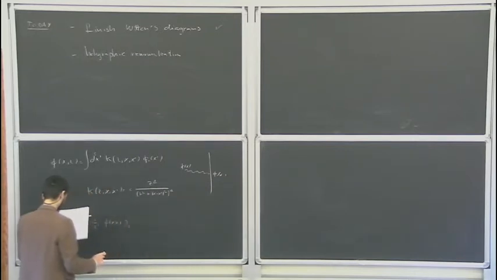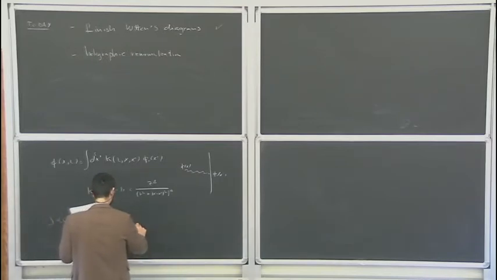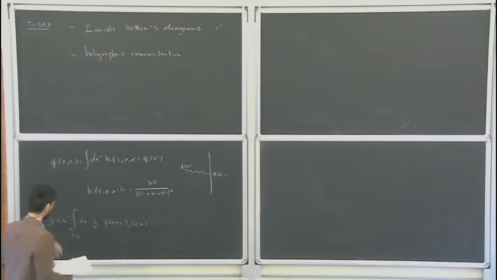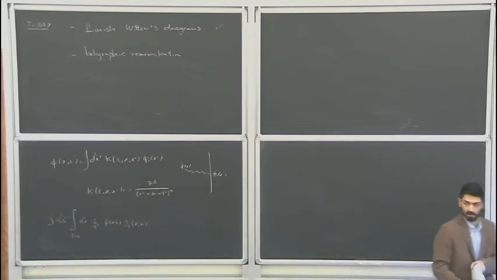Everything is a function of x and z. We don't transform in momentum space. So this was where we got yesterday. This should be already in your notes, I suppose.